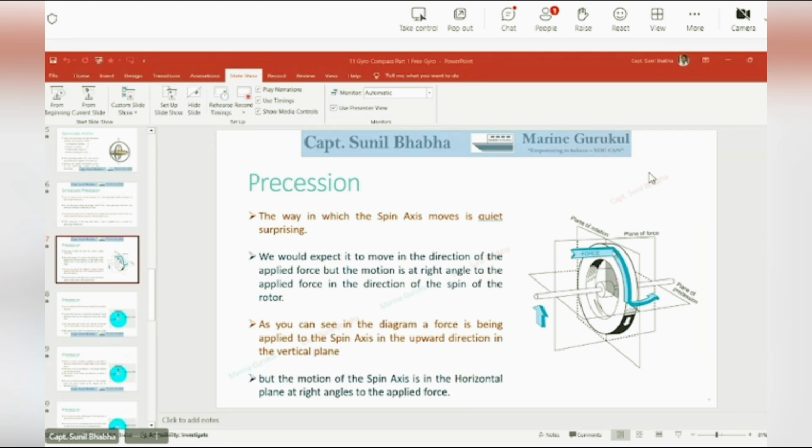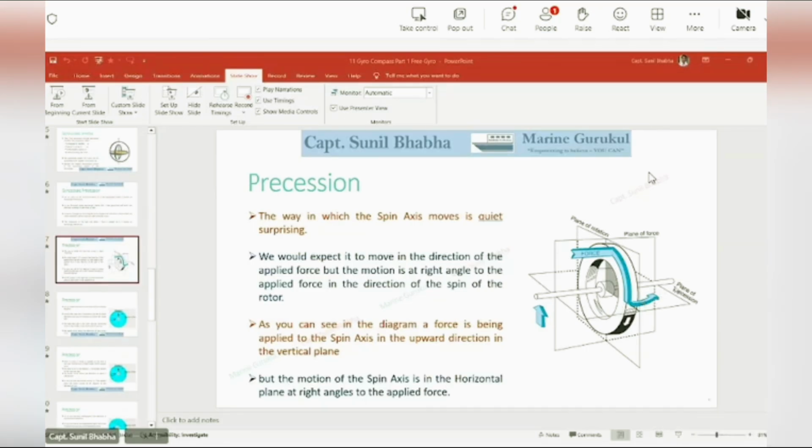Yes, sir. After this, the force turns by 90 degrees in the direction of spin. So you see this arrow here shows the direction of spin. It is moving clockwise viewed from the left end of the spin axis. So it gets turned by 90 degrees and it applies at the right end of the rotor in this particular way.